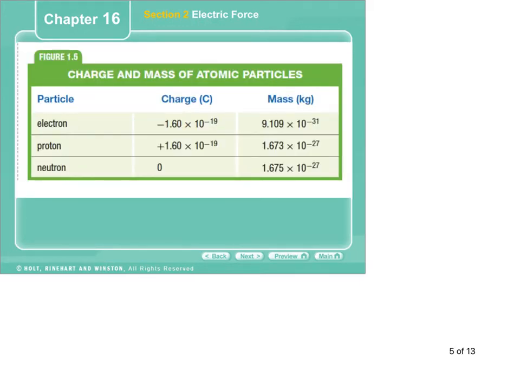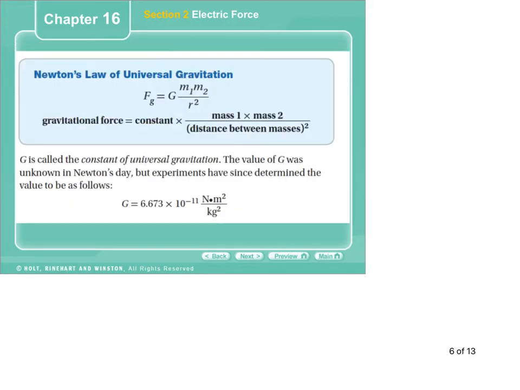And some values we're going to be using, the charges on our subatomic particles and the masses of our subatomic particles. And we'll be using Newton's law of universal gravitation, this formula, G value given to us here.